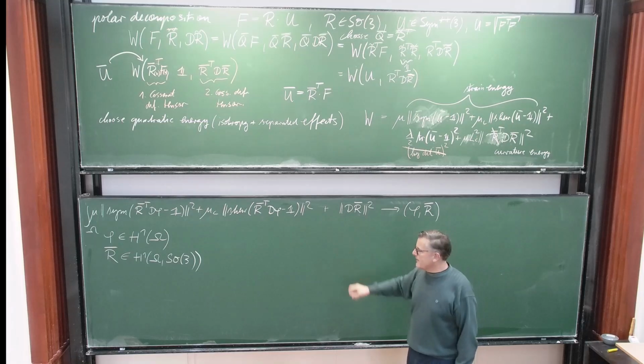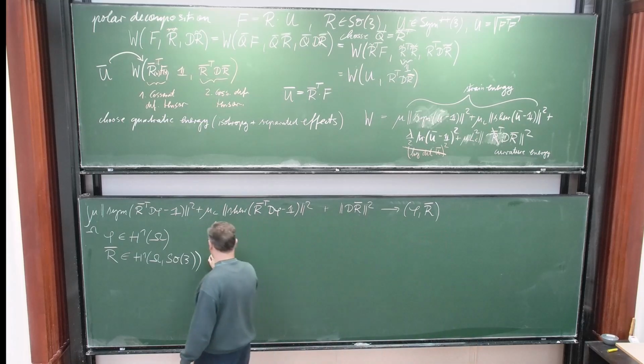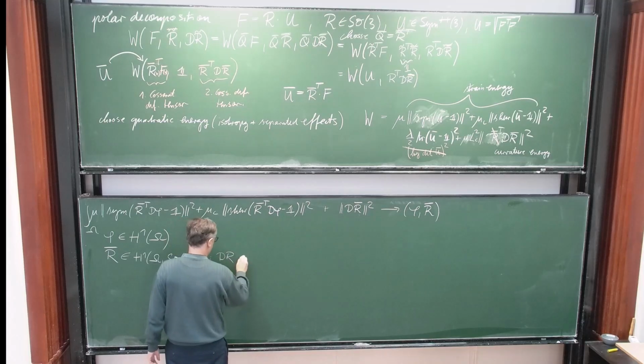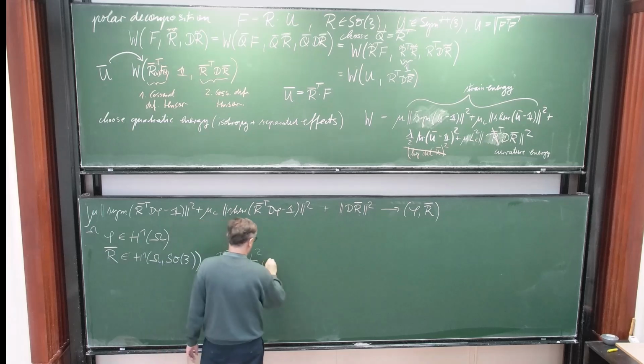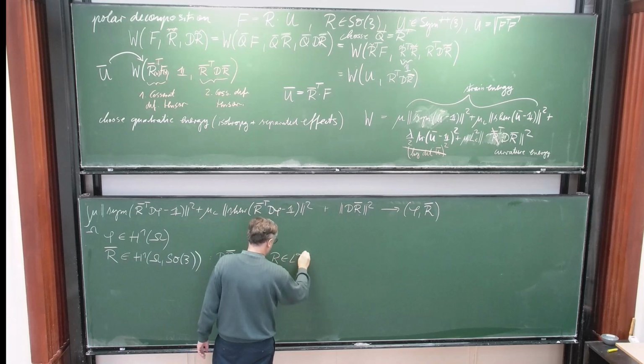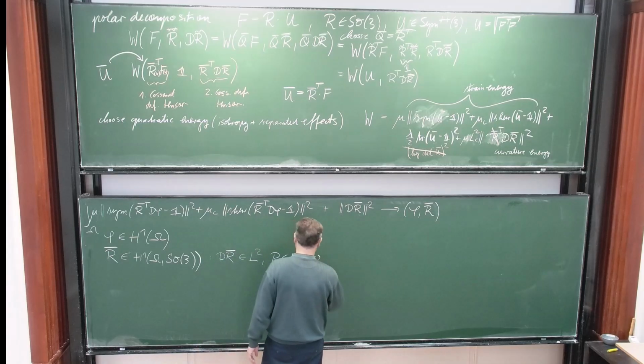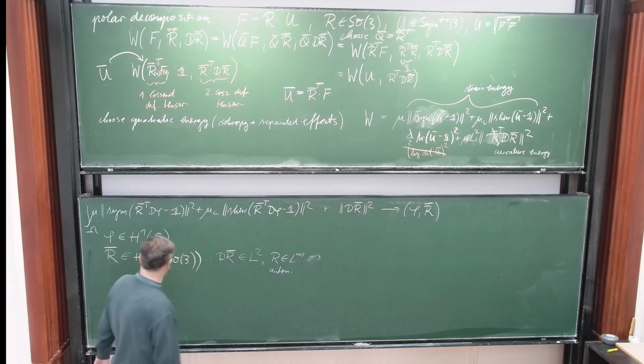Together, we have dR in L2, coming from the energy term, and we have R in L infinity automatically, and that means we can expect that R bar is in H1.